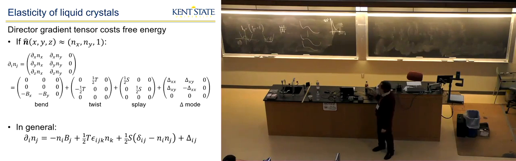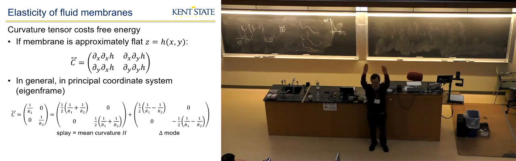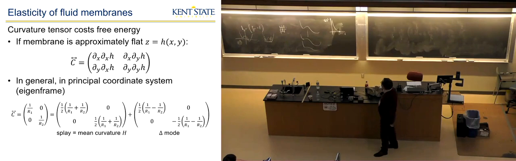That mean curvature means the same thing as splay. It means the normal to the membrane sticking outwards like this in all directions. Then the remaining part, like that, is a symmetric traceless tensor, and it is proportional to the difference of curvatures, 1 over r1 minus 1 over r2.